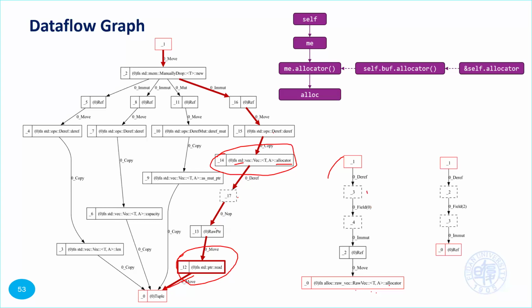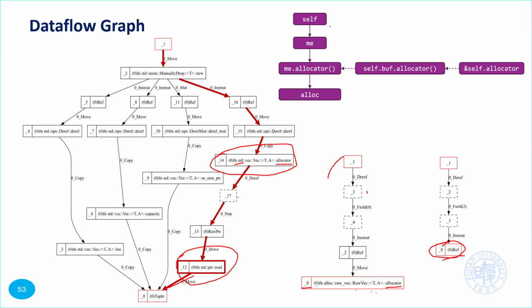If we continue to trace, the return value is also related to another function called allocator. So we continuously extract the data flow of this function call, and we finally find that it's a reference.